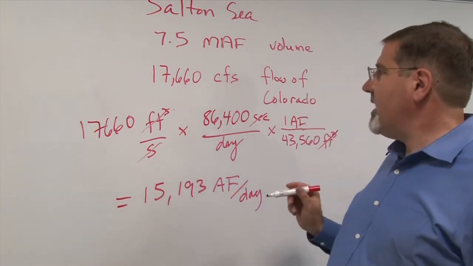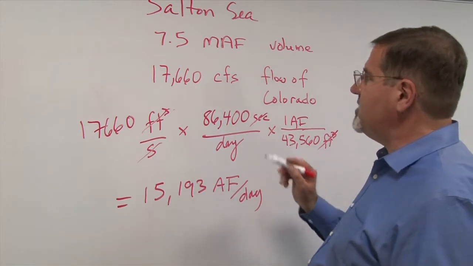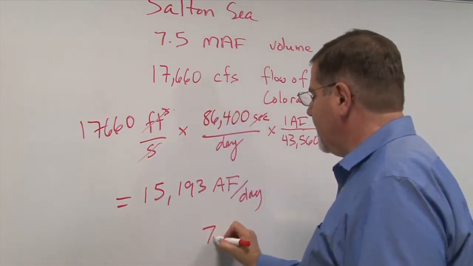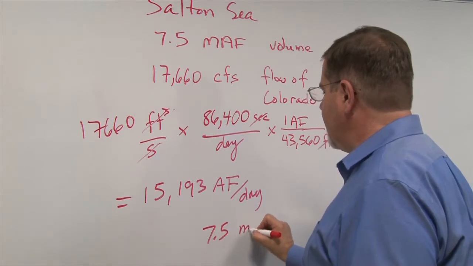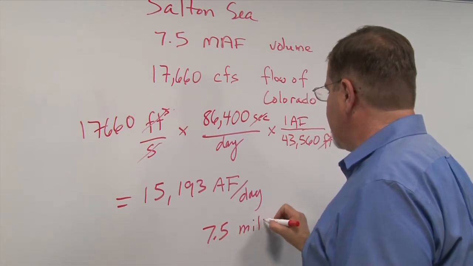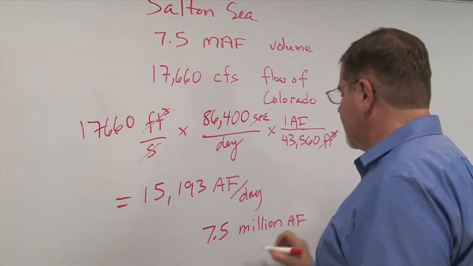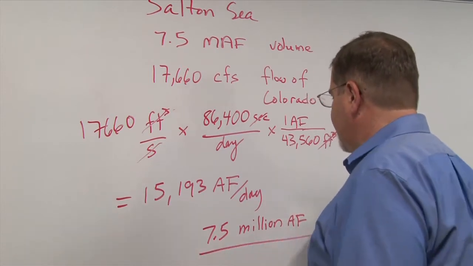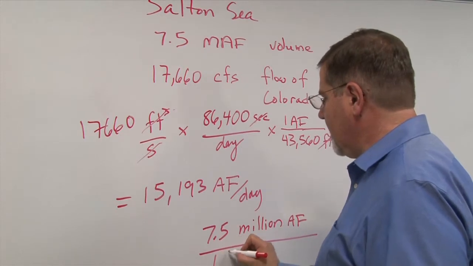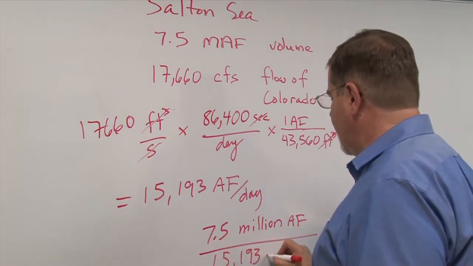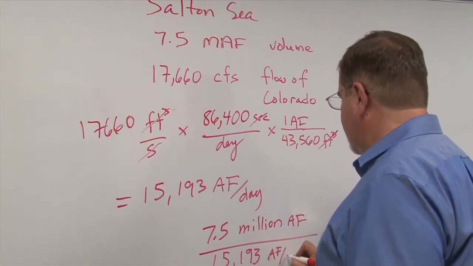So now all we have to do is a division problem. We're going to take the 7.5 million acre feet, and that's the volume of the Salton Sea. And we're going to divide that by the flow of the Colorado River, 15,193 acre feet per day.